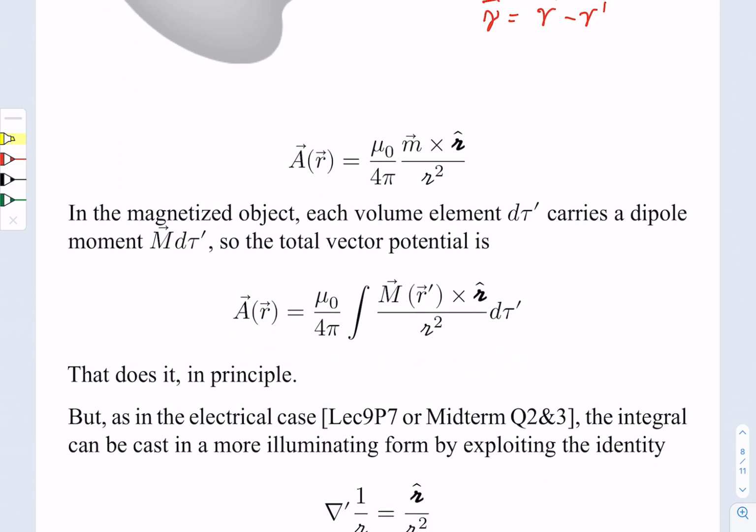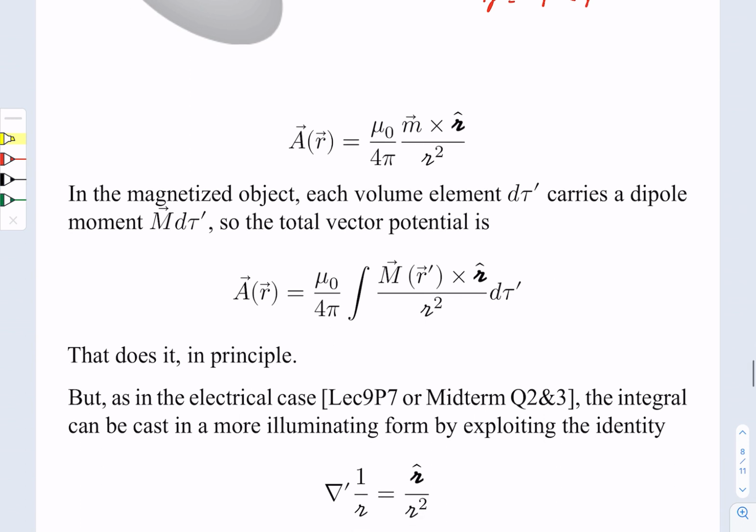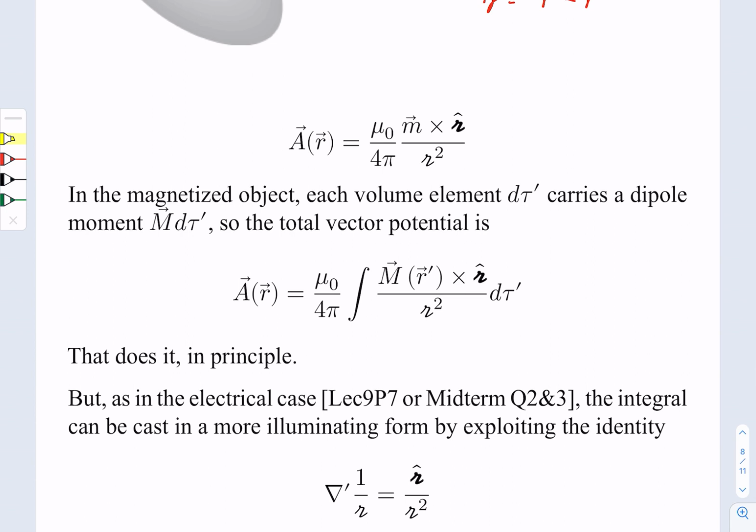Now, in principle, that gives you everything, right? Remember that in the exams, we used integration by parts to rearrange the terms and generate two terms: one is a surface term, another is a volume term. Here we do the same thing.